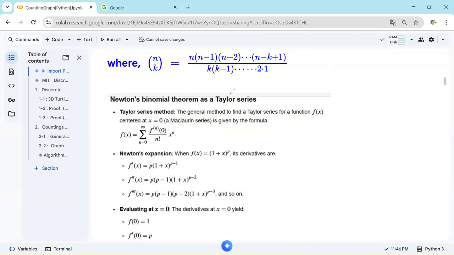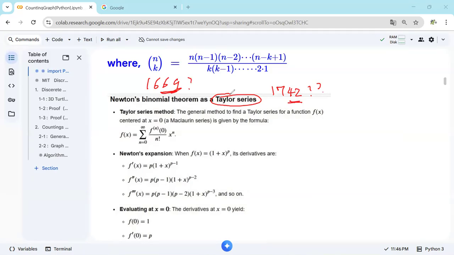Newton's generalized binomial theorem was invented around 166-something, maybe this one, okay? And so almost more than 50 years passed.